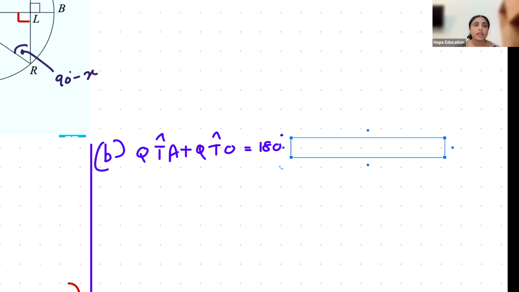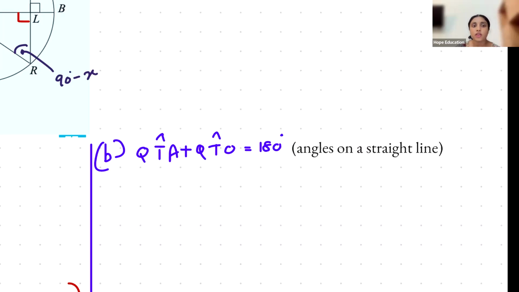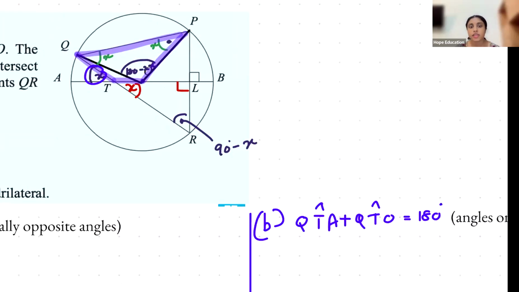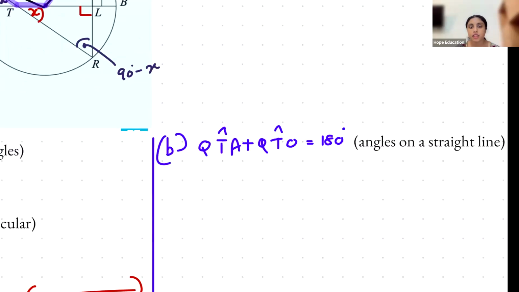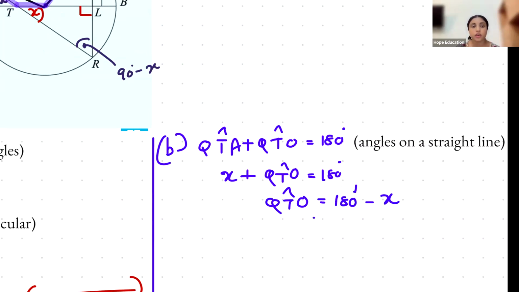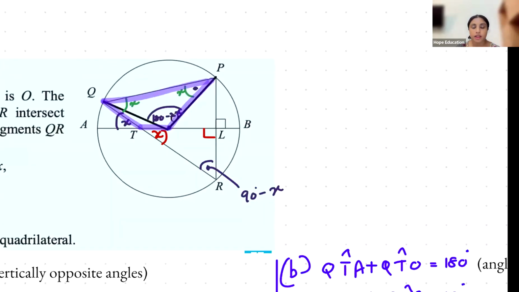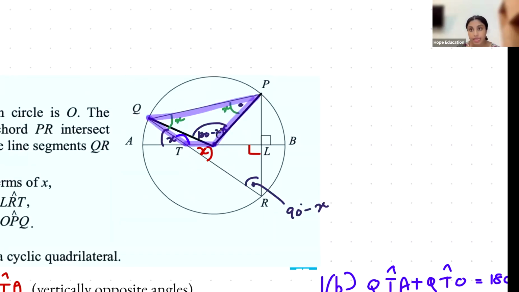QTA is X already, then we need QTO. QTO equals 180, and this X, when you bring it to the other side, becomes minus. So QTO is 180 minus X.